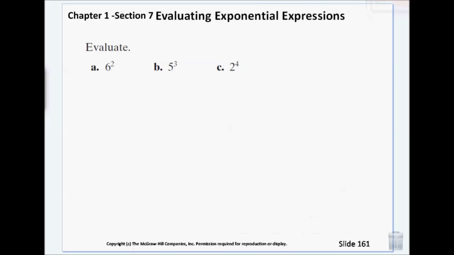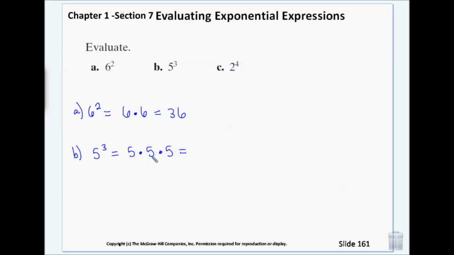Evaluating. All right, so for A, 6 squared, I need how many 6s? 2. So that's 6 times 6, so that's 36. Okay, 5 to the 3rd, 3 5s.